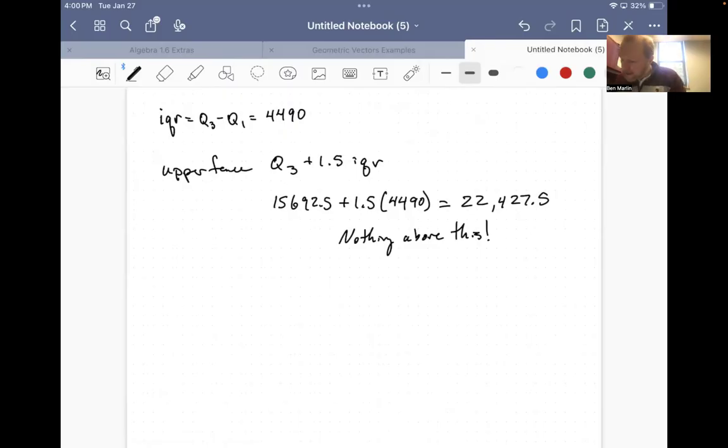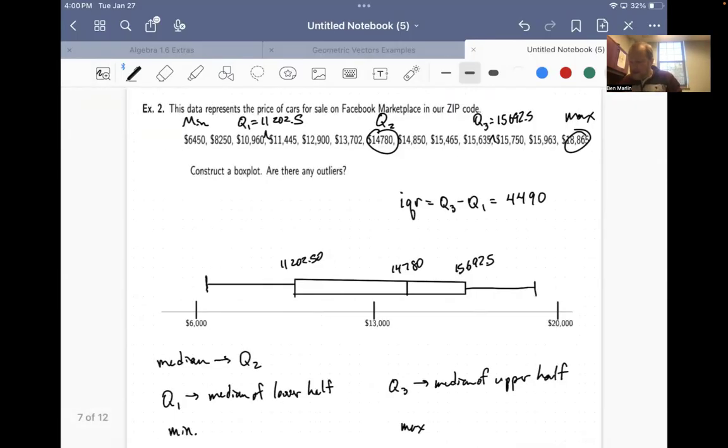Okay. Then on the lower fence, for that, you need to take Q1 minus 1.5 times the IQR. Okay. So then for that, I had to go back and see what was that. 11,202.5 minus 1.5 times the 4,490.